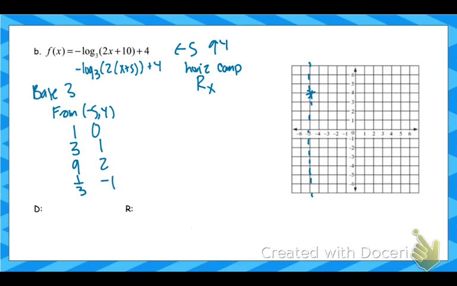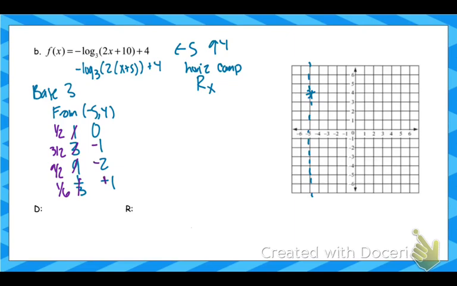Now we can consider our reflections, stretches, and compressions. Horizontal compression by a factor of 1/2. So we're going to divide all those values by 2. And a reflection over the x is going to make that second column the opposite signs.